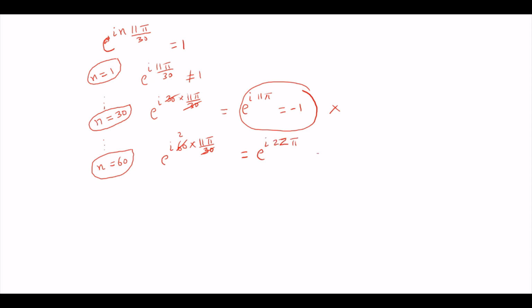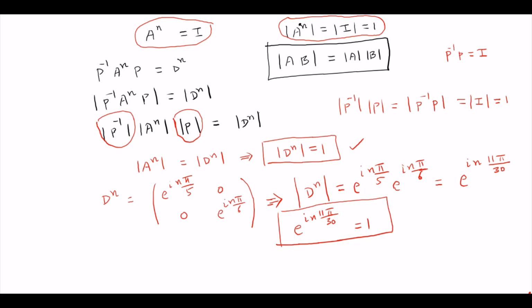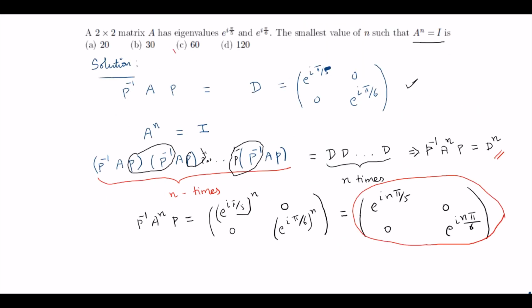This can be written as e power i 11 pi the whole power, or I can write this as e power 2 pi i the whole power 11. So what is e power 2 pi i? e power 2 pi i is 1. So this is 1 power 11, that is equal to 1. Therefore, for n equal to 60, it satisfies. Therefore, for this problem, C is the correct answer.